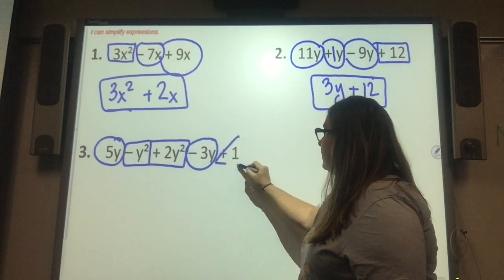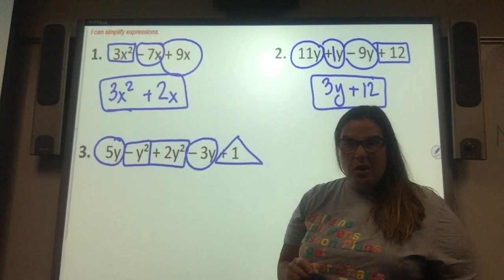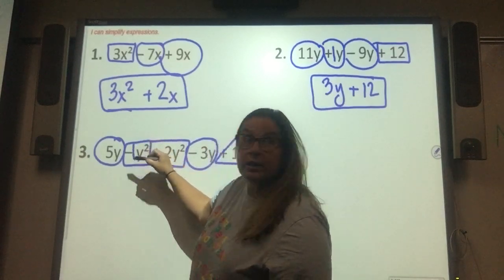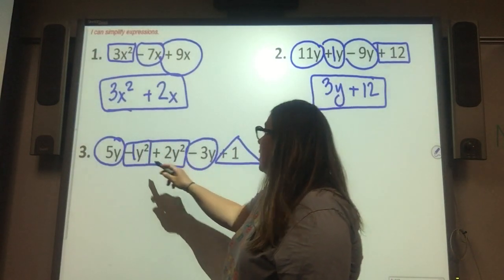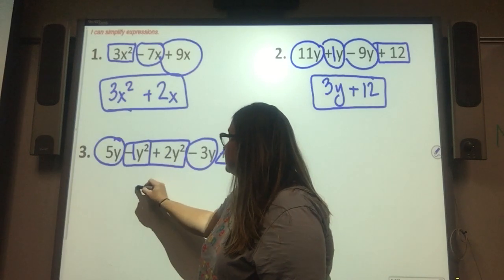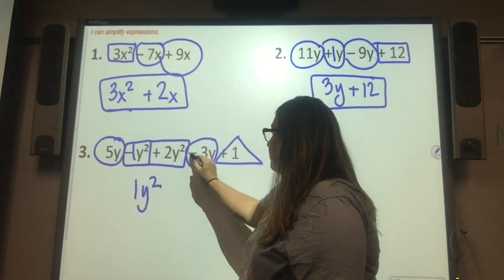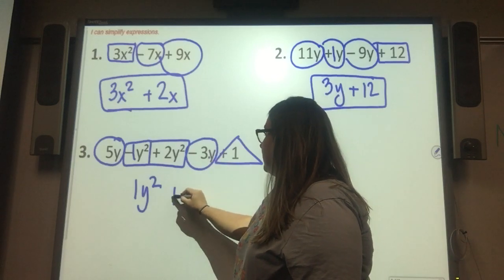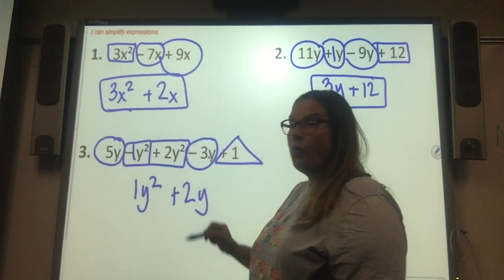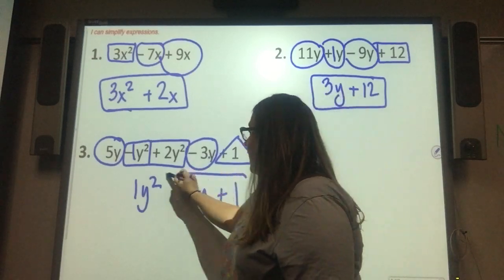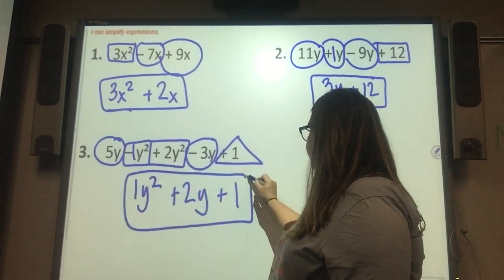And then that 1 is kind of all by itself. So negative, I'm going to put a 1 here. Negative 1 plus 2 is 1y squared. 5 minus 3 is 2y plus 1. And that is my simplified answer.